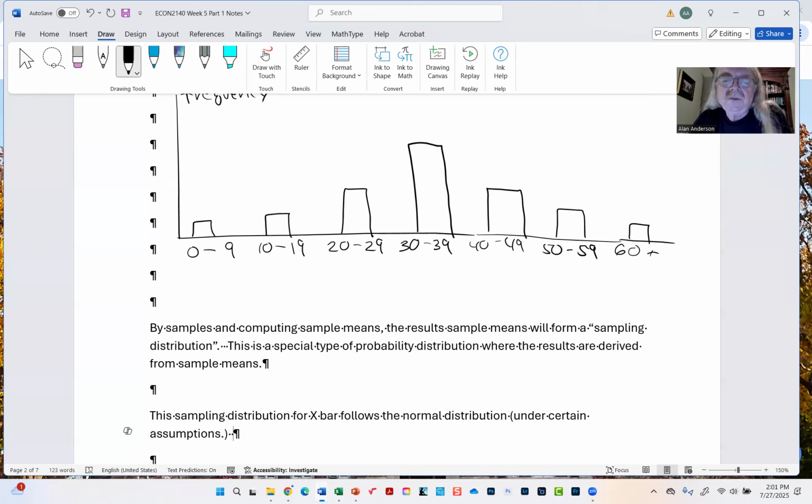That's important because it means we can use this information to compute probabilities for the means of samples, for sample means.